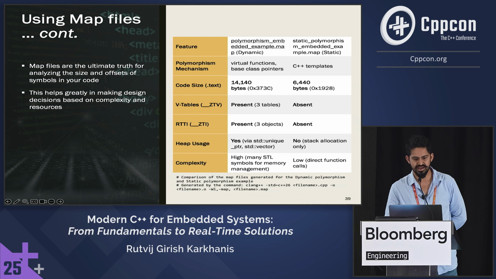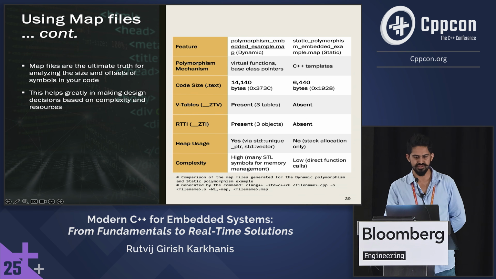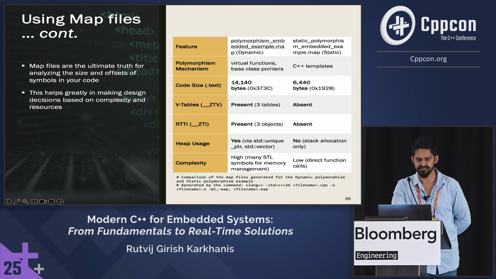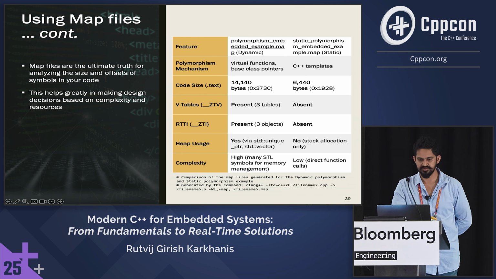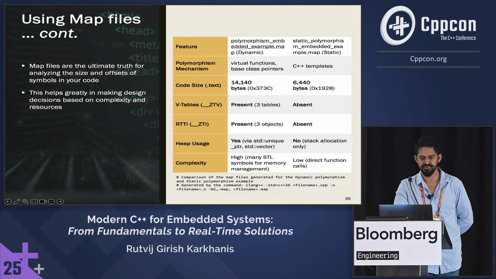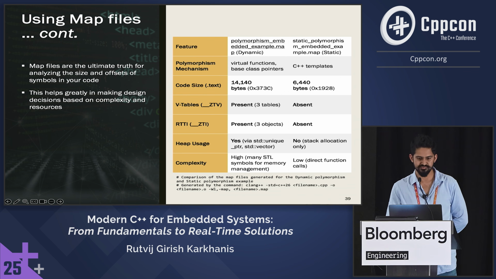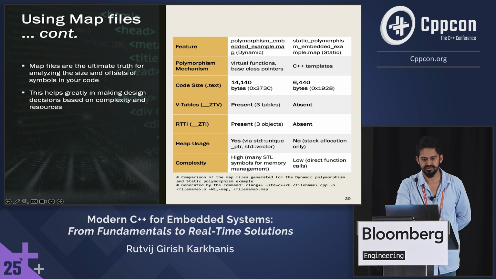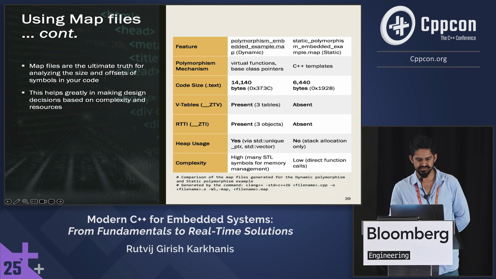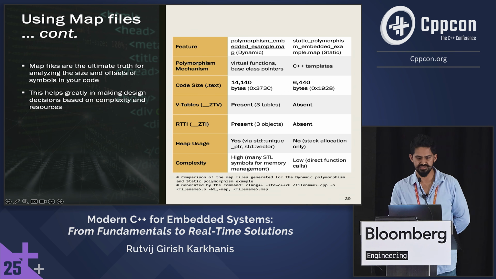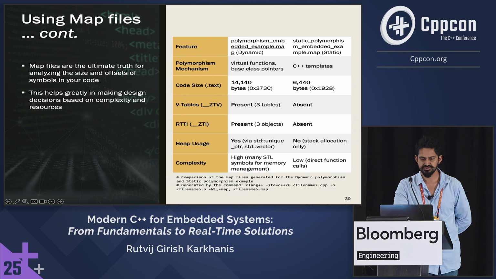Then we have the vtables present in the dynamic polymorphism case versus the static polymorphism case. Then we also have the runtime type information present for the dynamic polymorphism case. We also use the heap, and also the complexity is pretty high with the dynamic polymorphism case.